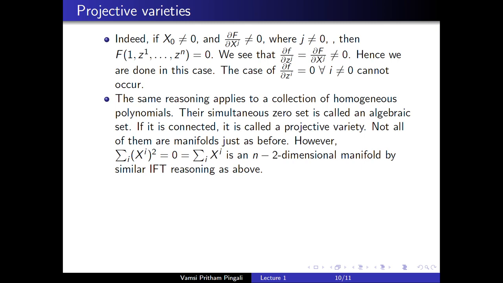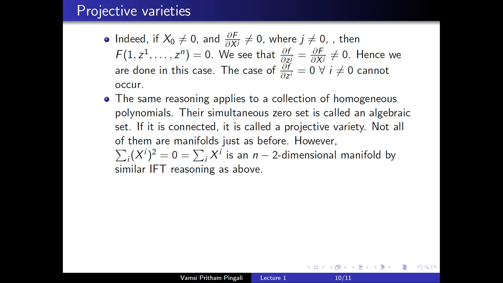If you take the complex gradient of this function in C^(n+1), it's going to be 2x0, 2x1, and so on. The complex gradient of the other is 1, 1, and so on, and these two are linearly independent. The same kind of reasoning applies. So now we have a machine to produce lots and lots of examples of compact complex manifolds.